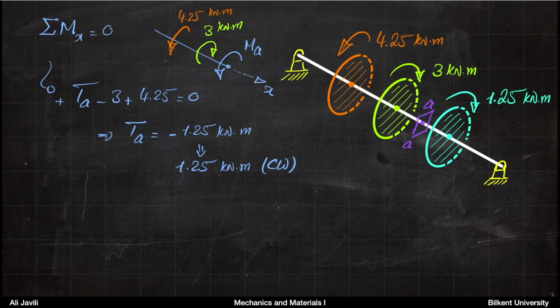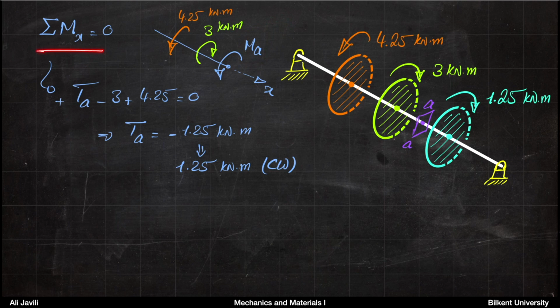So this is your cross section AA, and this would be your direction X. Now on that cross section you get a torque TA, and I am showing this in a counterclockwise direction such that it's essentially positive. Whether you call it MA or TA, it doesn't matter. It's a moment, but it's torque because it's a torsion problem.